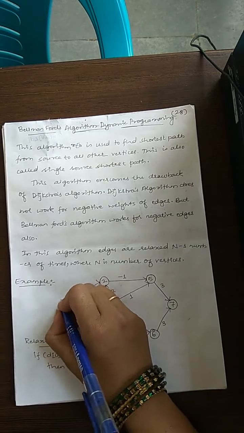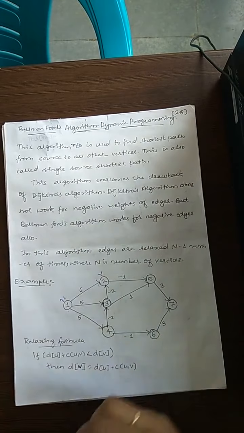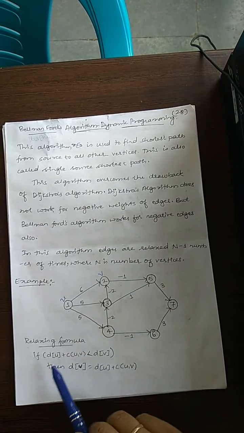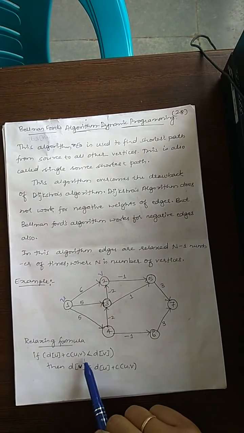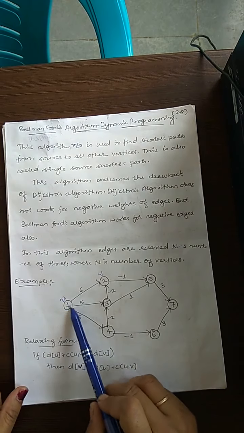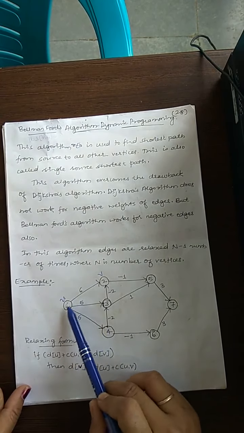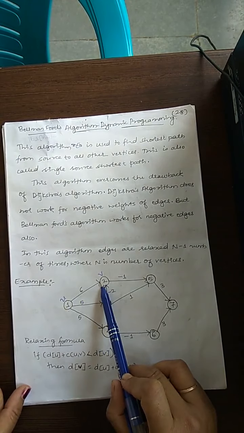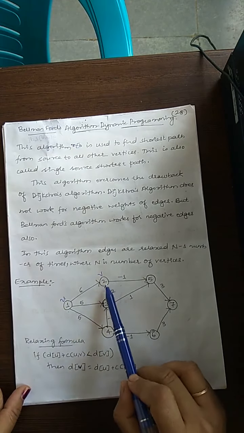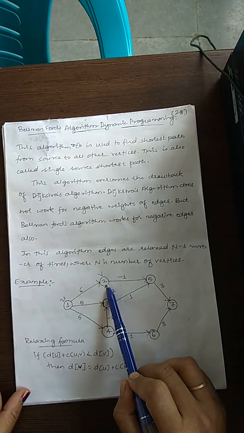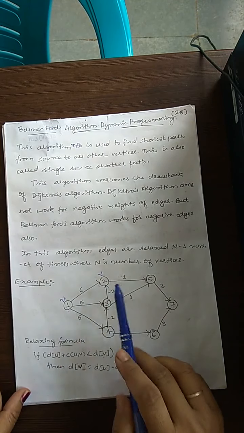If I consider this as u and this as v, then d of u plus c of u comma v, that is, the distance of u plus the edge cost, is less than the cost of the destination vertex, v.